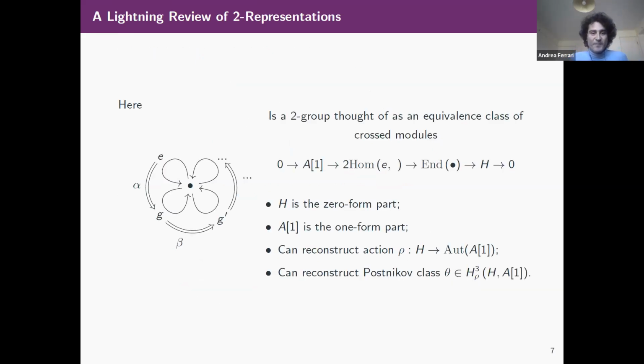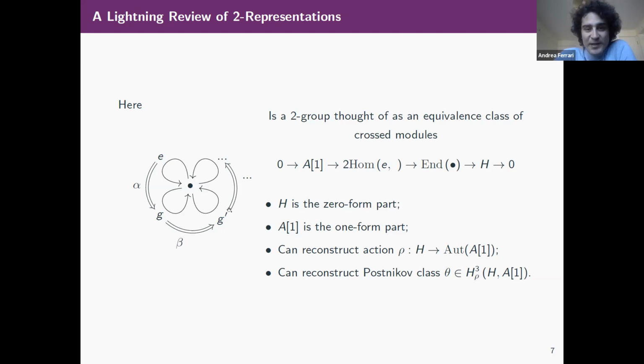In order to make a connection to what is perhaps more known to physicists, we can take this two category and reconstruct from it a two group as we perhaps know it, in terms of a zero form part and a one form part. And how we do that is via the notion of crossed modules.